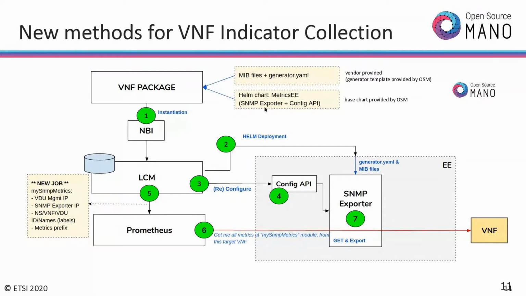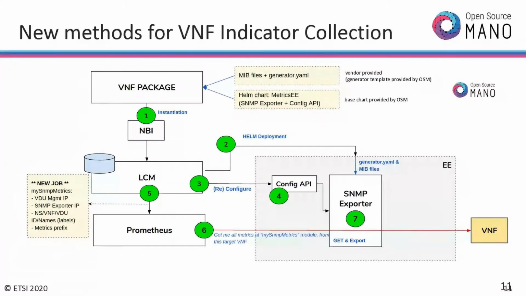If you are familiar with the SNMP protocol, we put the MIB files and the generator YAML that Prometheus needs, and also a Helm chart that deploys this SNMP exporter, inside the package that is bundled with the tools that you already saw in the previous session.